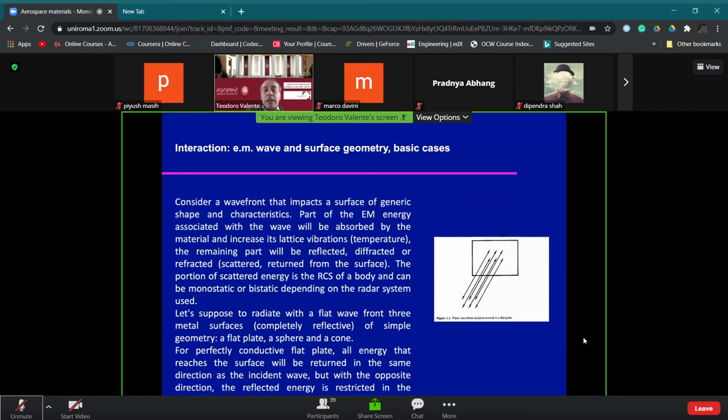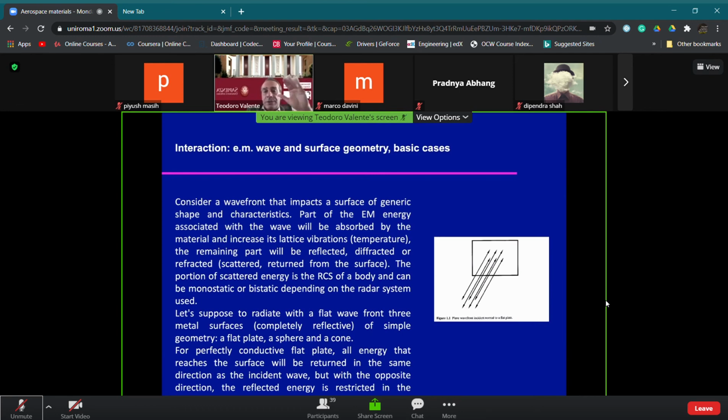And so the reflected energy is all confined, restricted in the backscattering direction. And this is, let us say, the most suitable geometrical condition which allows us to have high detectability of the object.